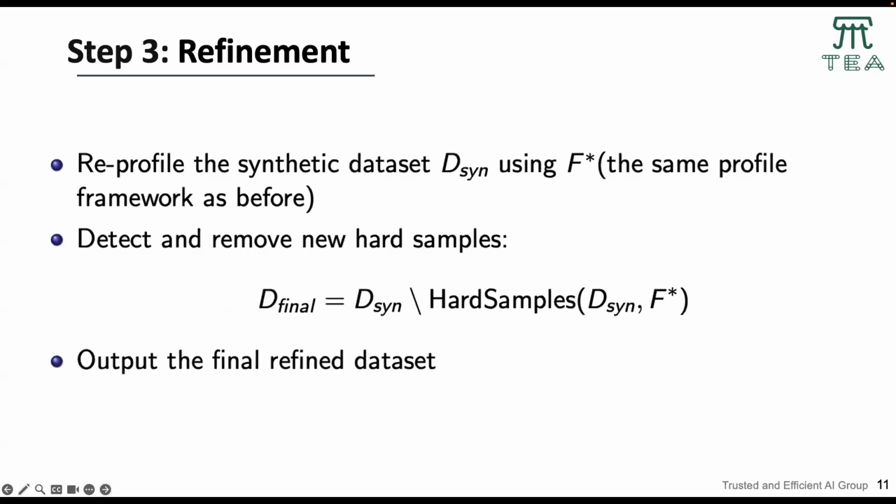And lastly, they also do a stage called refinement. So if they set a threshold, they keep removing those hard samples. By hard samples, as I just mentioned in the definition, those are samples that make it hard for models to learn.